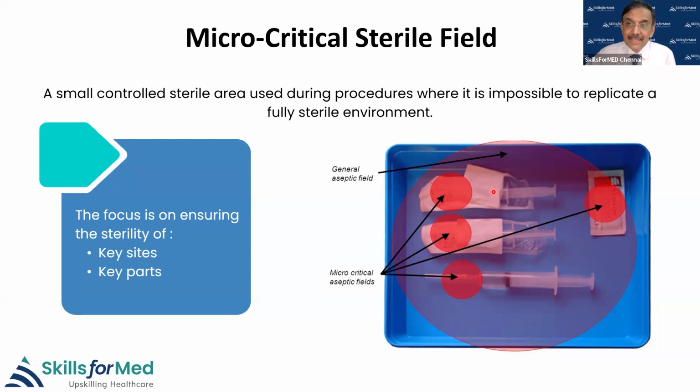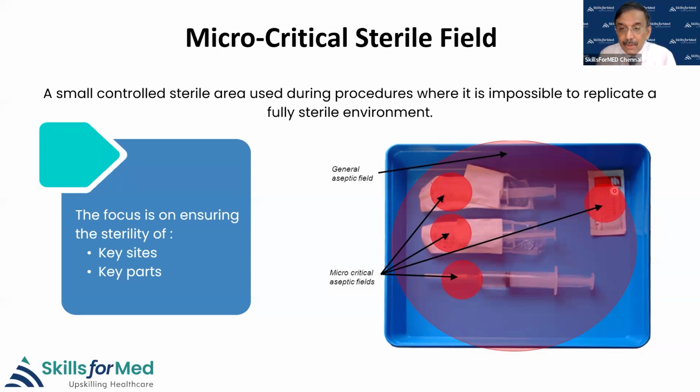The one-hand technique is getting the needle into the cap, raising it vertically, and then clipping the cap onto the syringe, so that the needle tip, which is a key part, is not exposed. And if there is no needle, the tip of the syringe, which is the key part, is not exposed. The inside of the wrapper is still sterile, and therefore you keep it in a sterile environment.